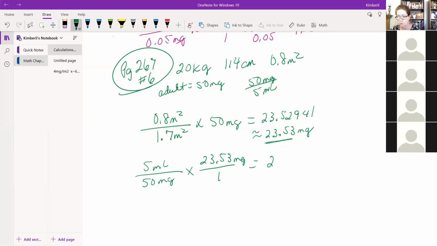And I get 2.353 milliliters, or 2.4 milliliters. 2.35 or 2.4. Okay. You might be able to measure 2.35, but even on a 3 milliliter syringe, you're going to get just real close to 2.4.